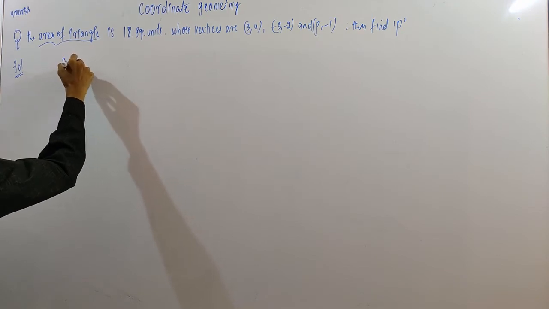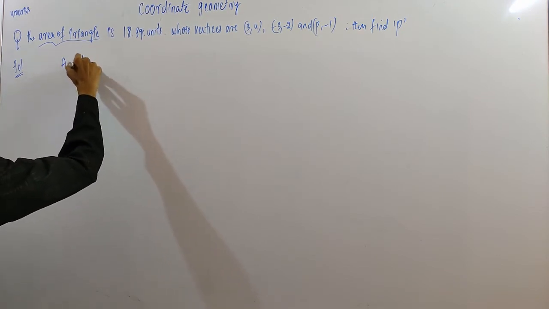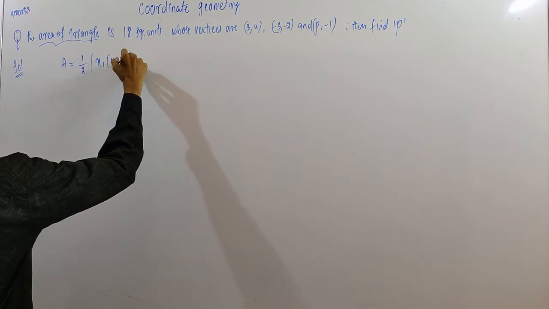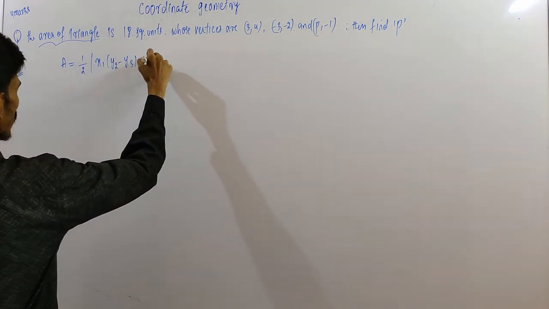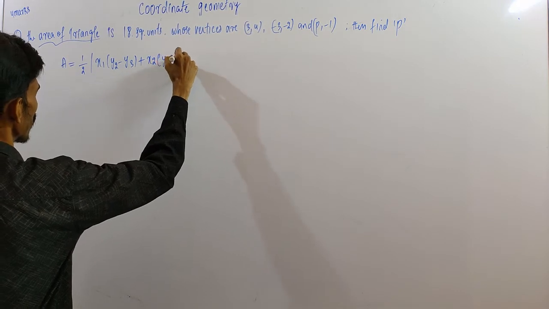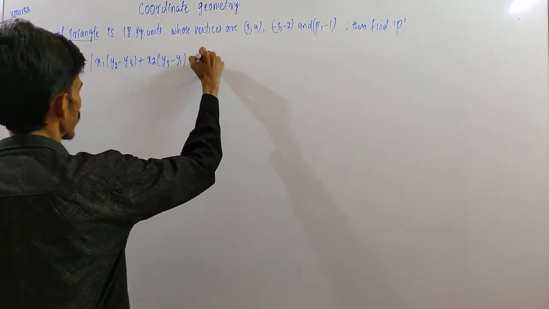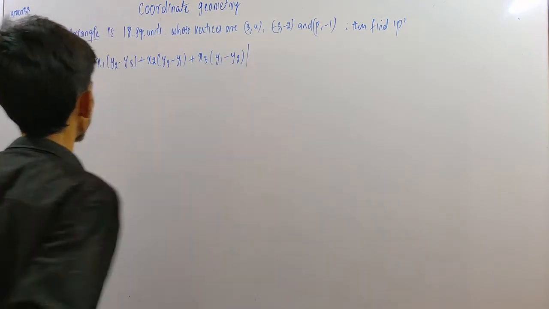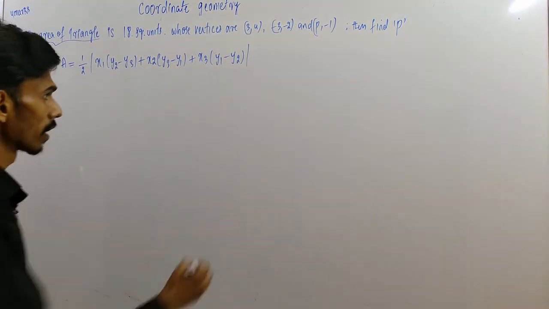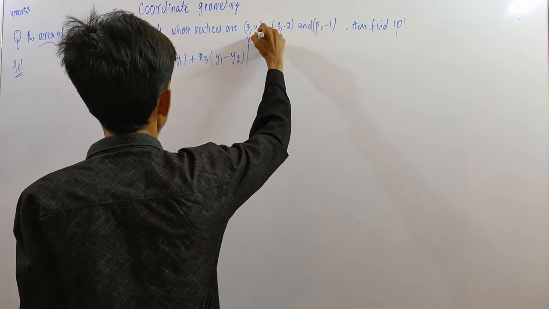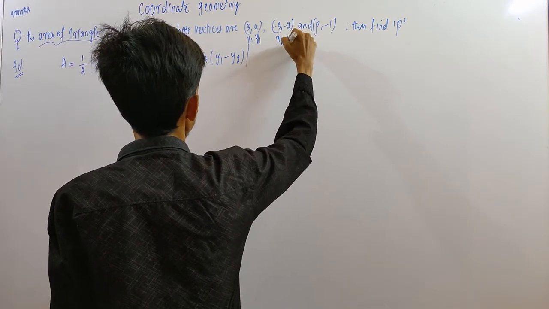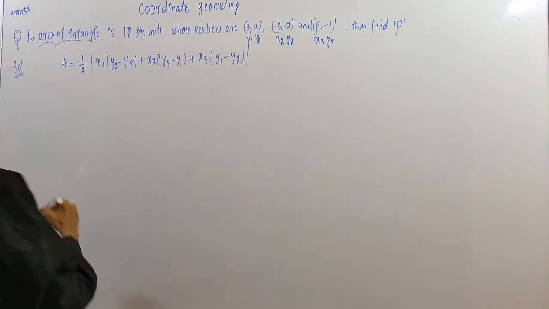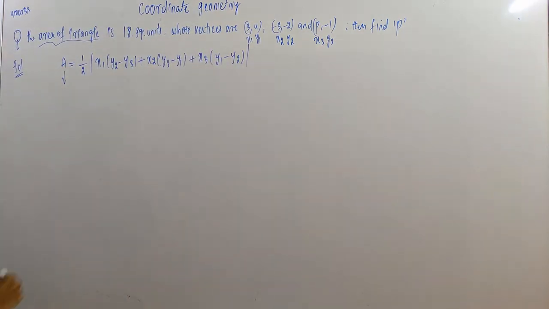Area A is equal to 1 by 2 mod x1 into y2 minus y3 plus x2 into y3 minus y1 plus x3 into y1 minus y2. We already know this formula. Take these as x1, y1, x2, y2, x3, y3.